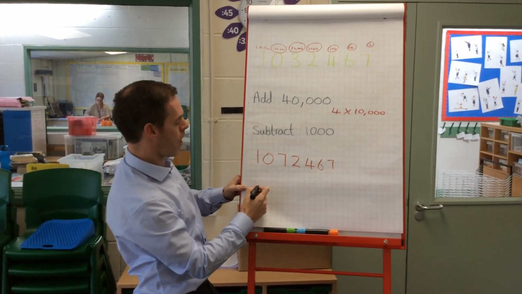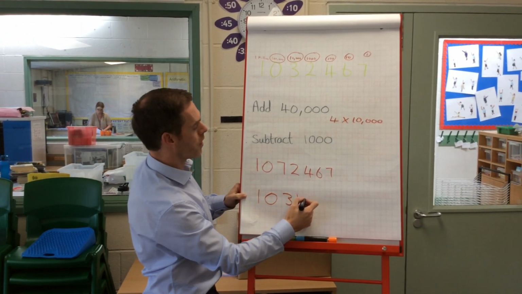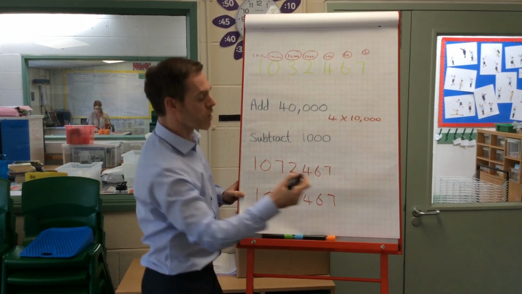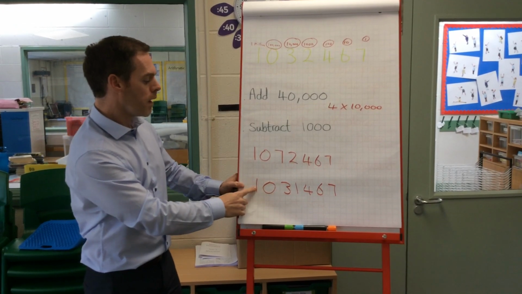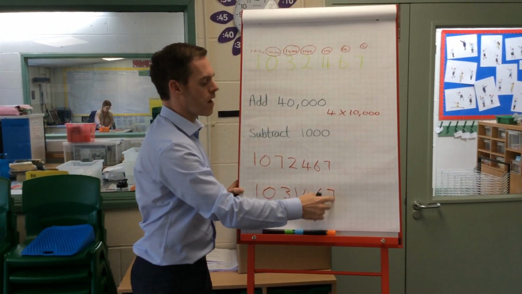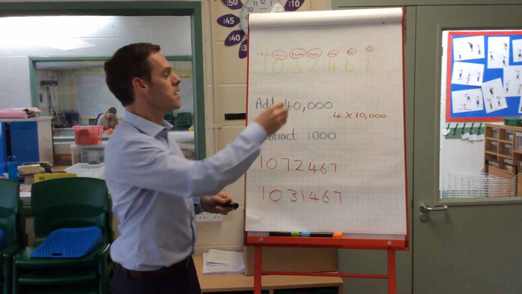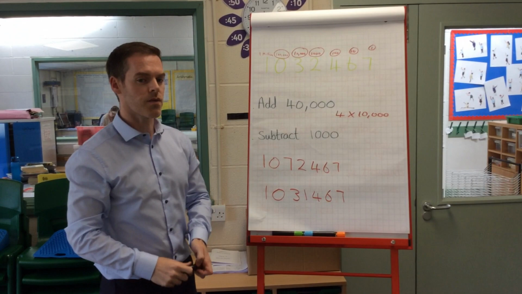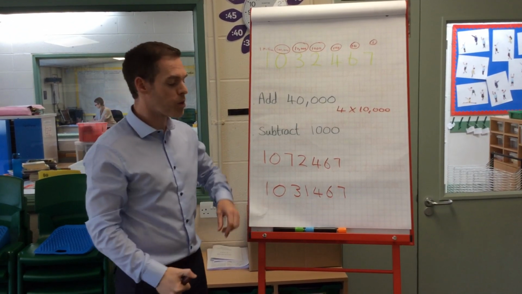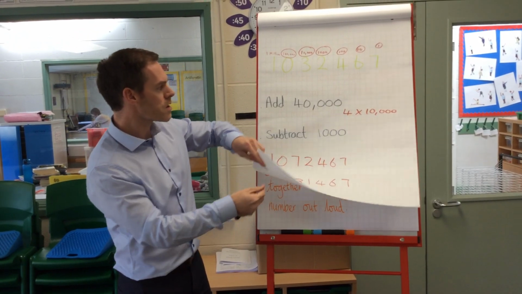So that's going to look now like 1, 0, 3, 1, 4, 6, 7, which if we're going to read it will be 1,031,467. So we can also have fun with large numbers by adding in different digits and thinking about our place value like that. And these are the sorts of things we're going to be working on in class over the next few lessons.